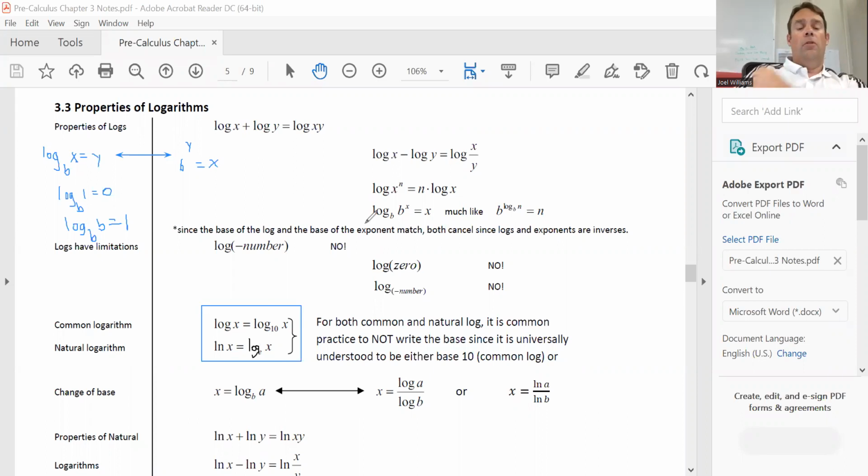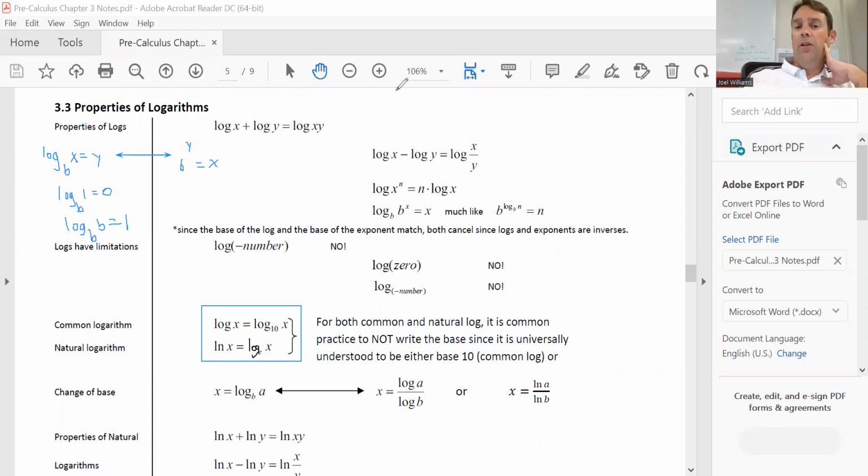If there is no base, we assume the base is 10. If there is an ln, that's the base of e, and e is that Euler number, 2.71828182834, and so on, going on forever. We treat that just like i or pi. It's just some random constant.